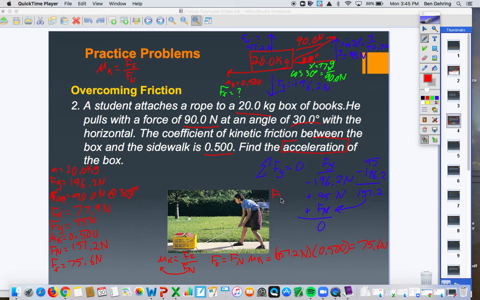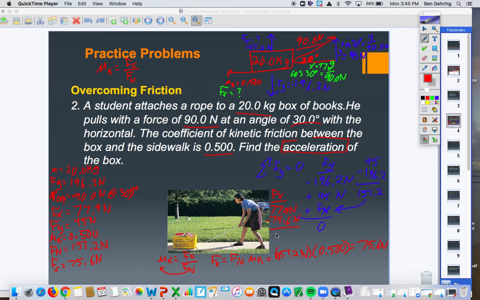My force in the x direction, I had 77.9 going to the right, so I'm going to make that a positive 77.9 newtons, and I have a 75.6 going to the left, so I'm going to subtract 75.6, because it's to the left, we're going to make it negative.